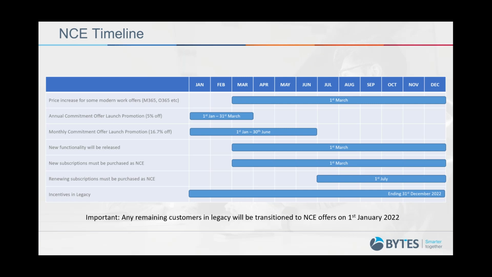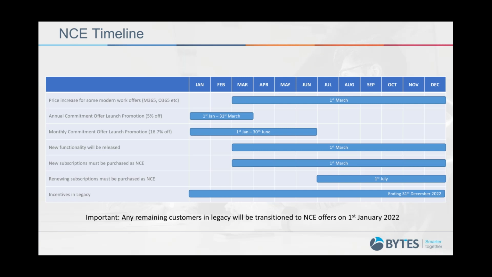A suggestion, whilst that is the 1st of July: if you leave it until that time, any customers renewing will actually incur the price increase that comes in on the 1st of March. So my advice there is to perhaps bring those renewals forward into February as a way of avoiding those price increases.